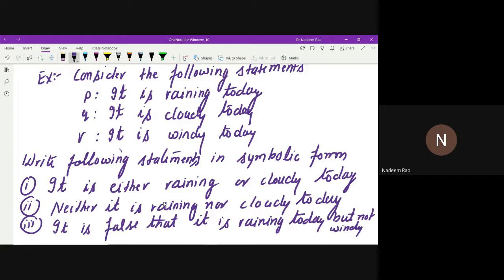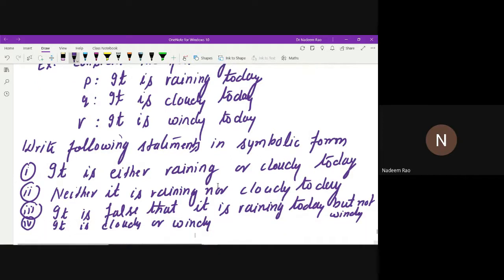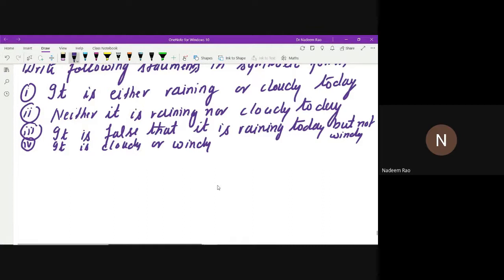And the fourth one, it is cloudy or windy today, but not raining.